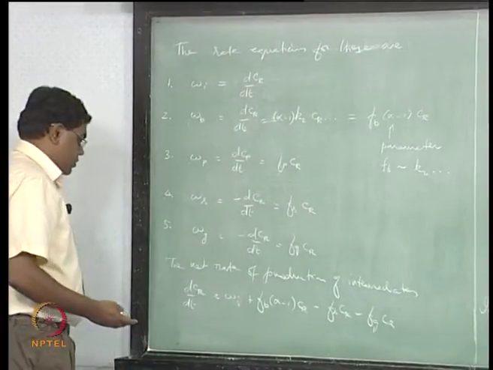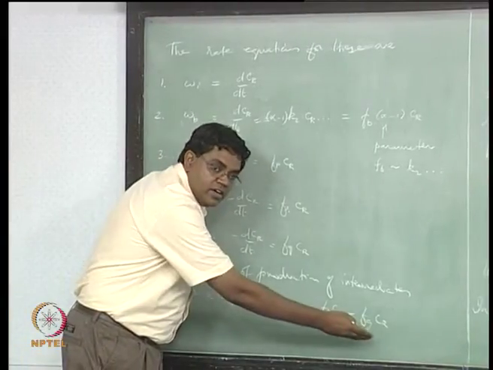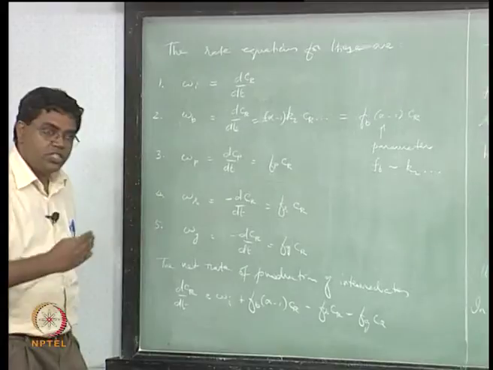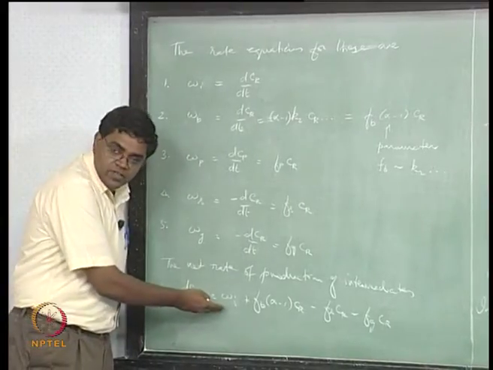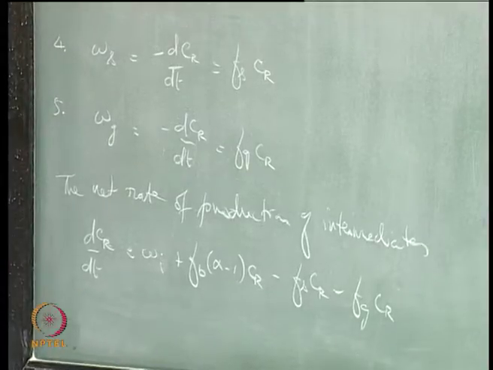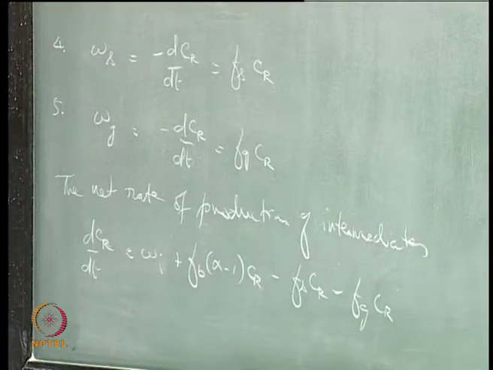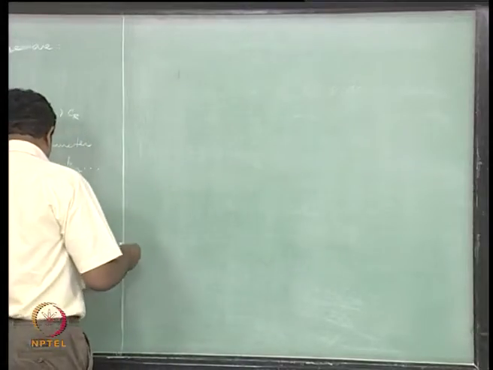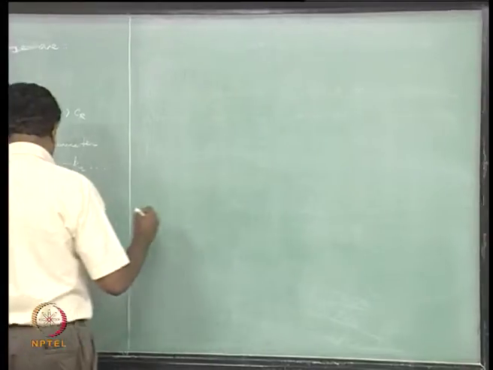Keep noting that these things depend on the concentration of Cr, because it's chain branching or termination, but omega I does not depend on the concentration of Cr because it starts from things that are pre-existing, that is, they are not intermediates. Fine. We now apply the steady state approximation.